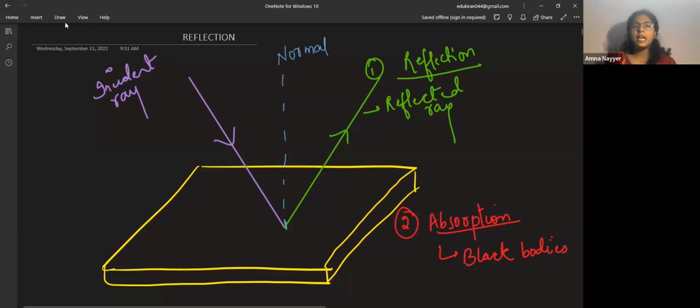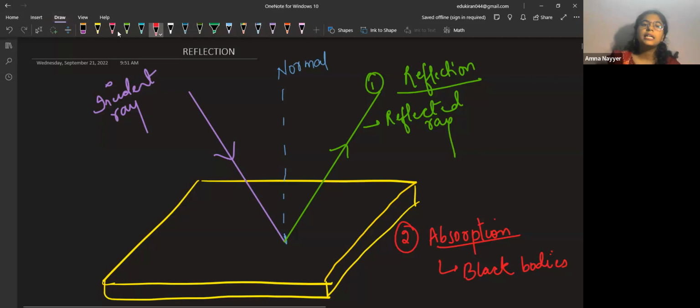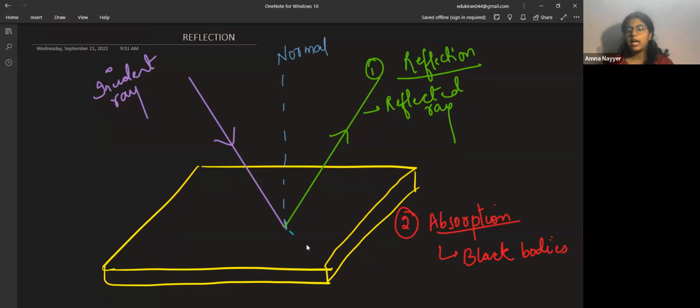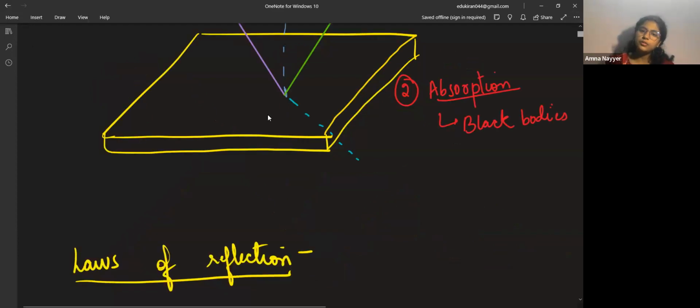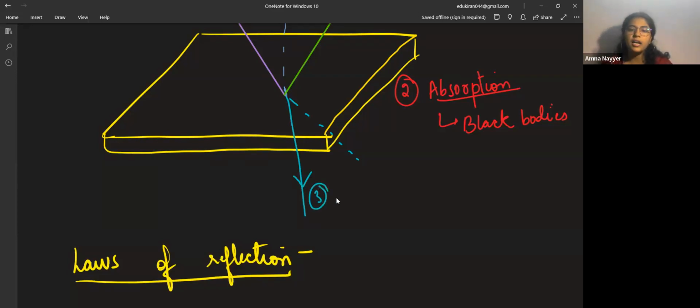The last phenomenon, which I had already mentioned to all of you: if this incident ray was coming, had there not been any surface, it would have gone straight like this, right, along its path. But instead of going like this, if it moves somewhat deviated, this is the third phenomenon which can occur, which is refraction.